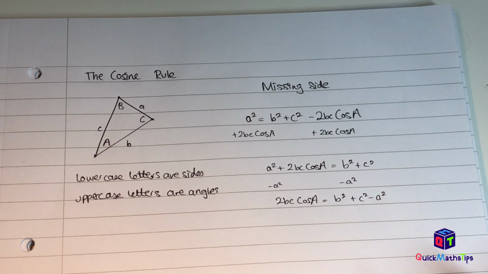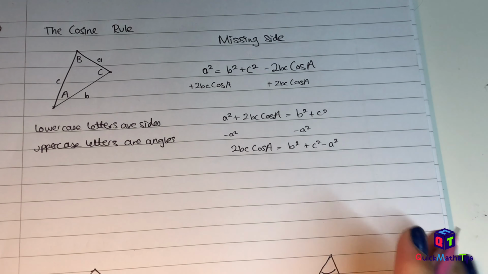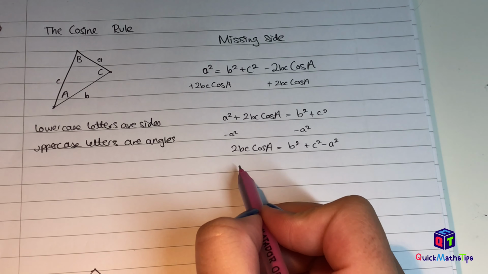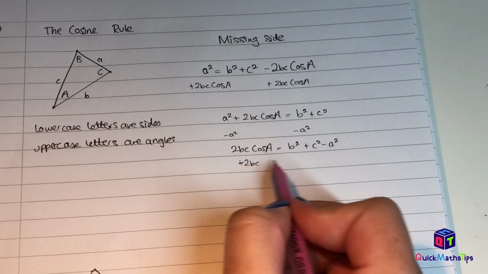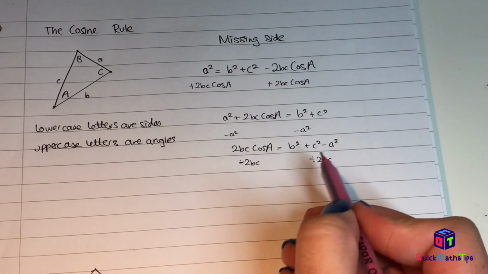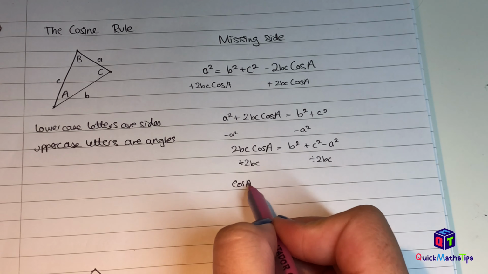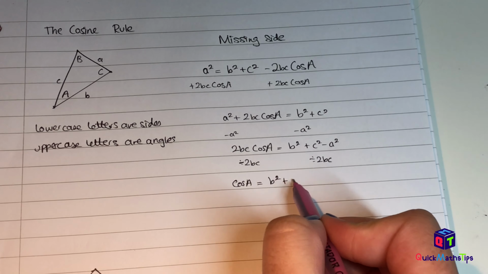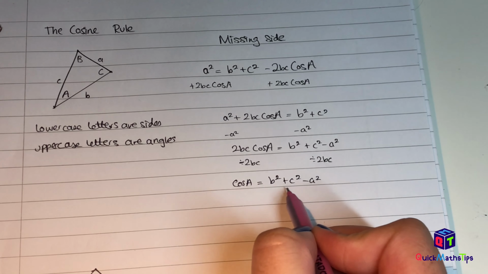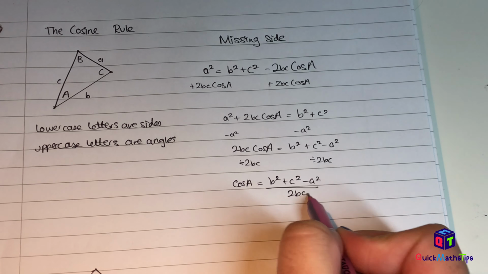Because I want to work out the missing angle, I'll divide by 2bc on both sides, leaving me with cosine A is equal to b squared plus c squared minus a squared, divided by 2bc.